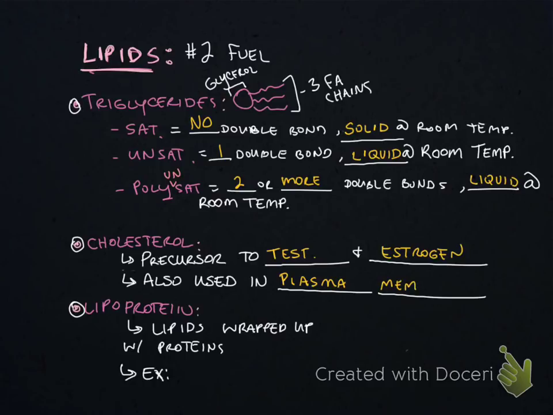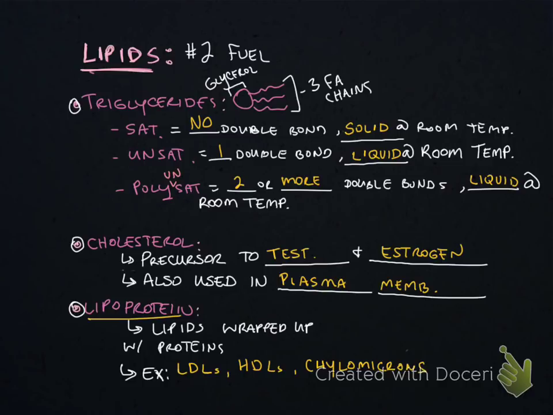The more cholesterol that is found in the plasma membrane, the more waterproof it is, because remember, lipids are what's called hydrophobic, meaning they repel water. And then finally, we have lipoproteins, which are lipids wrapped up with proteins. And some examples of these are LDLs, low-density lipids, HDLs, which are high-density lipids, and then one you've heard of before, chylomicrons.